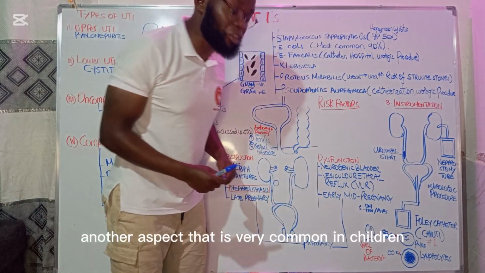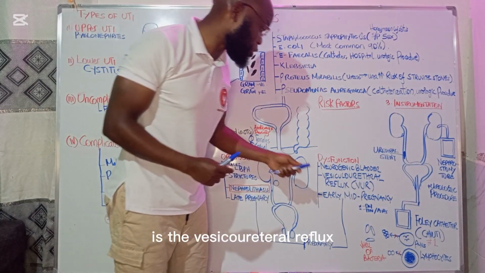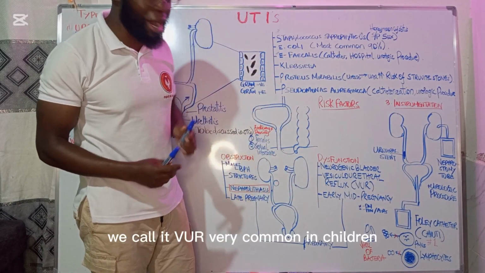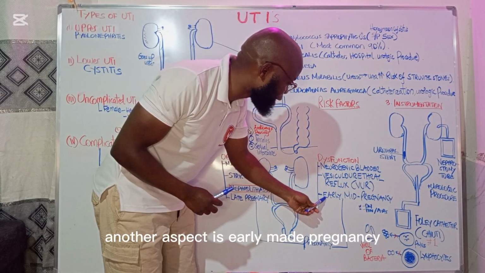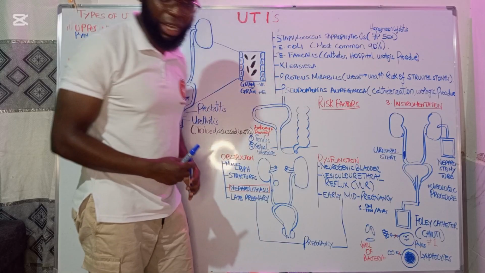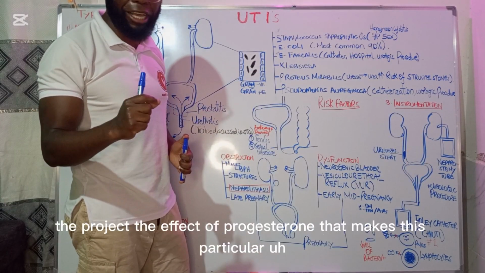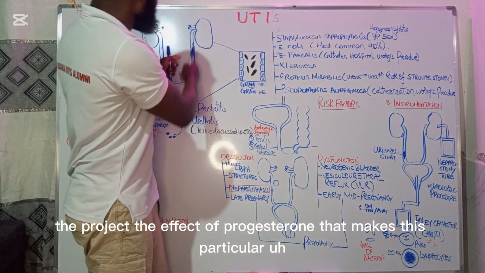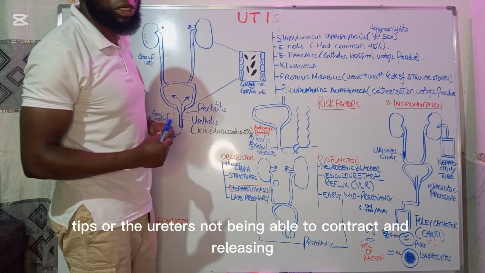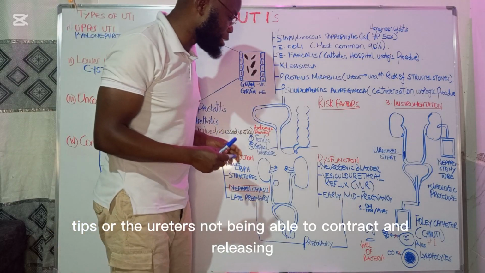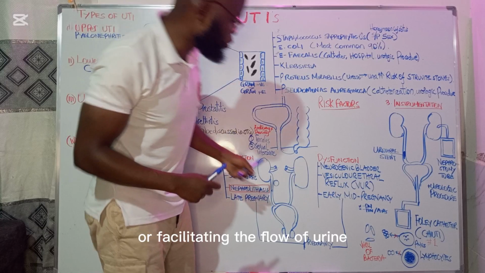Another aspect that is very common in children is the vesicoureteral reflux. We call it VUR, very common in children. Another aspect is early mid pregnancy. Here we'll be speaking about the effect of progesterone that makes these particular tubes, the ureters, not able to contract and facilitate the flow of urine.